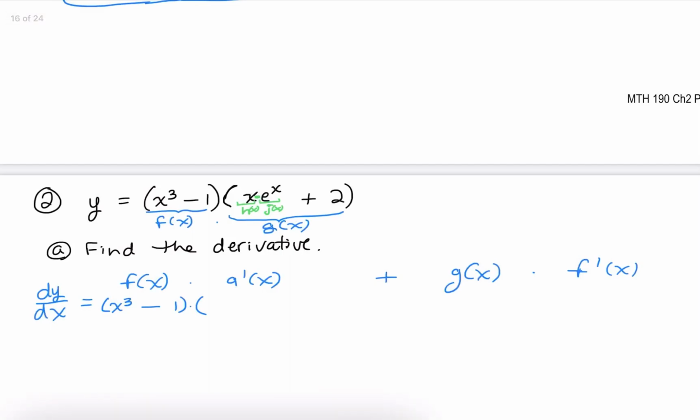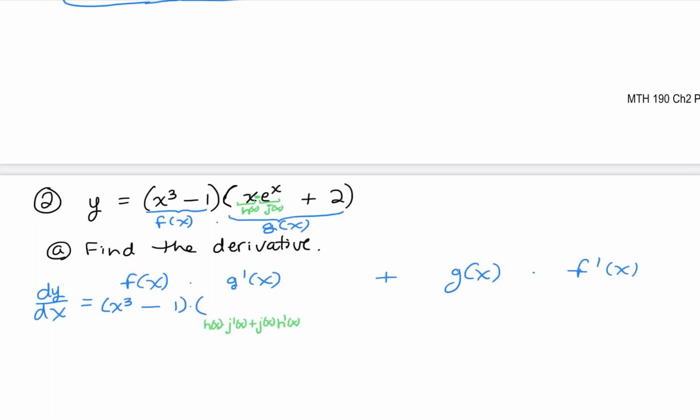Let me give myself a little bit of room. Within this structure, I'll write it below. I'm going to have h left alone times the derivative of j, plus j left alone times the derivative of h.